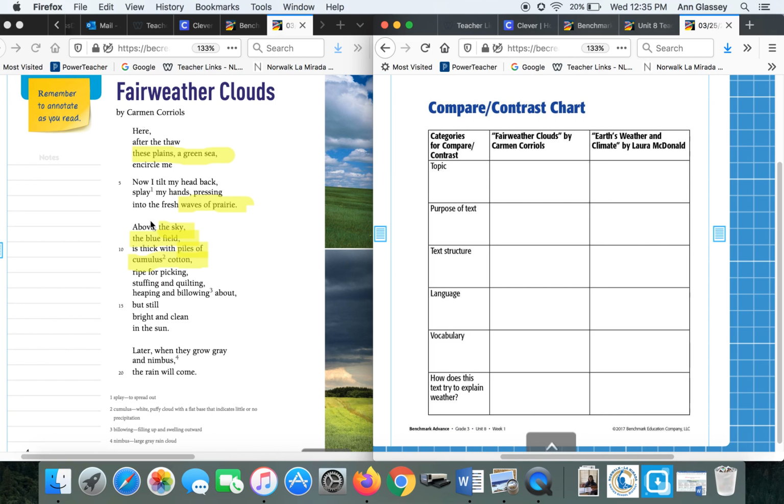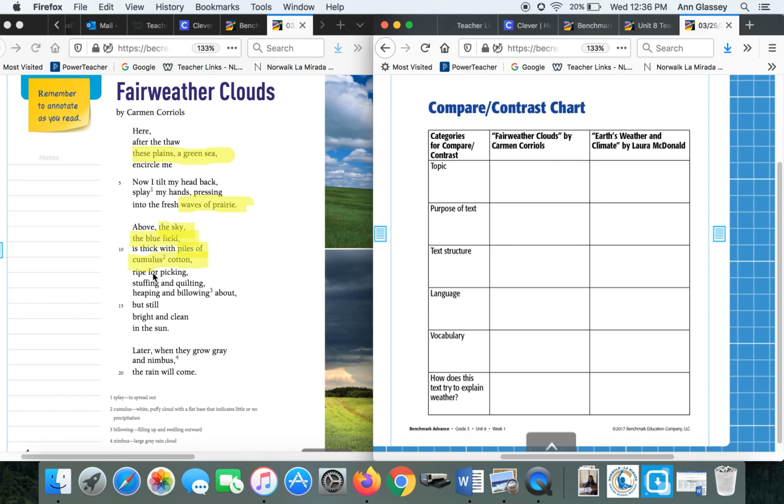What kind of language is used? Is it scientific language? Is it humor language? Is it figurative with metaphors that paints a picture in your head? Is it descriptive language? Is it literal?